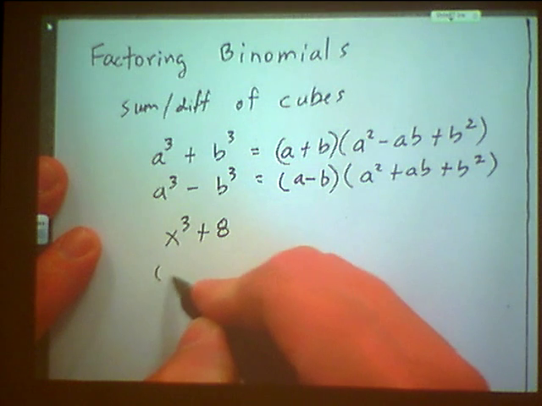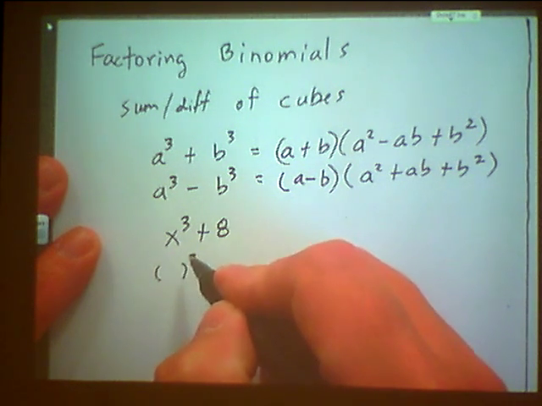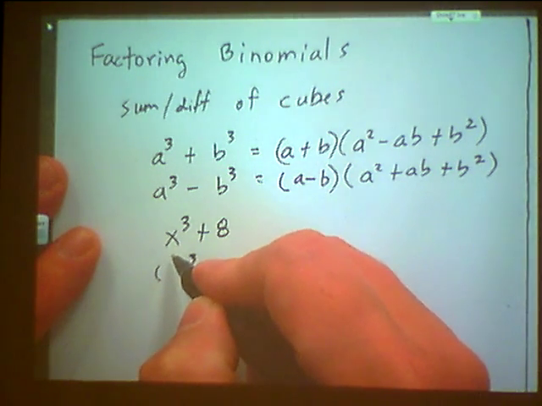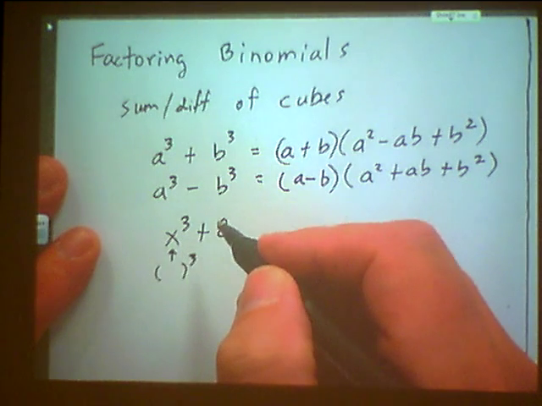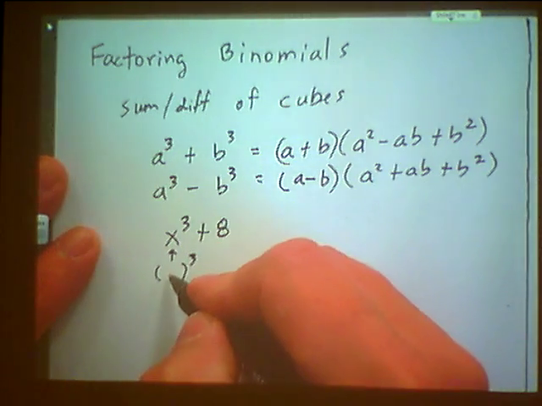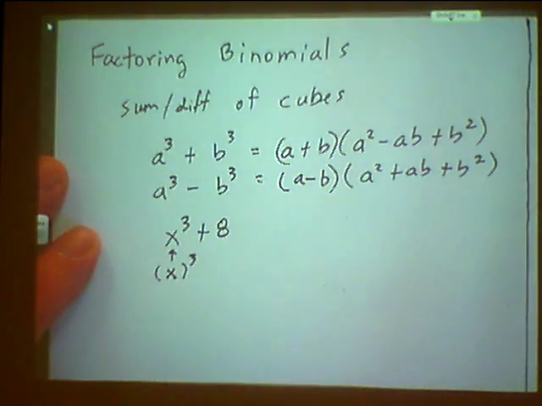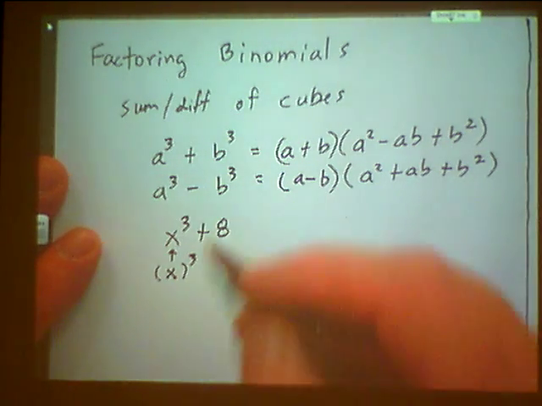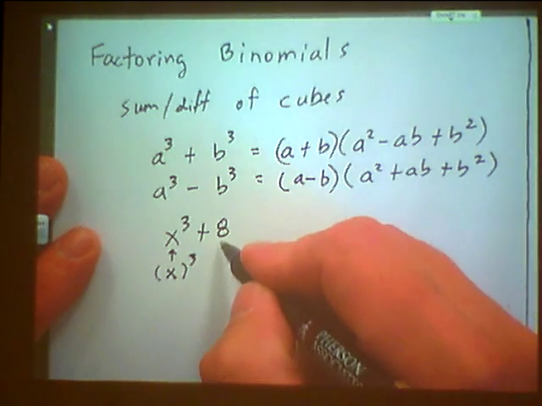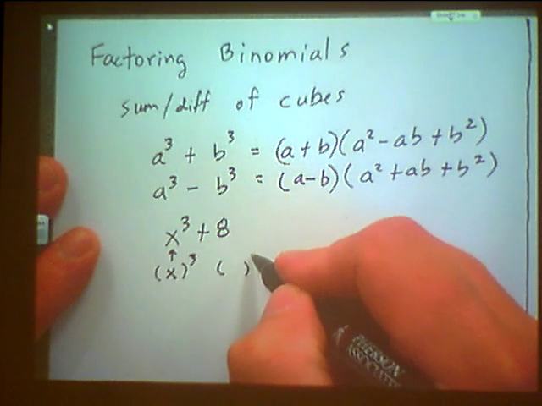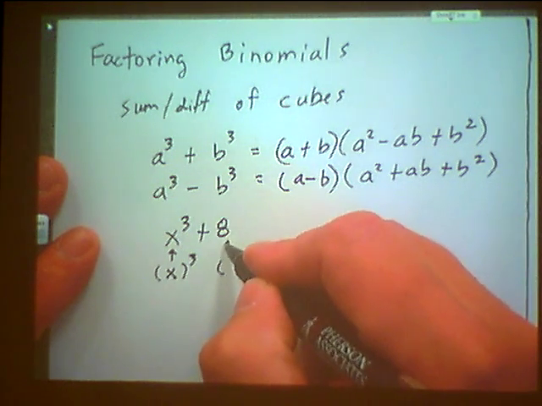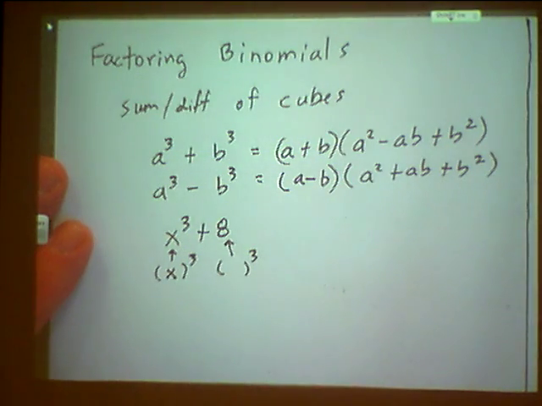Now for sum of cubes, there's two things to check. Basically you say, can I cube something and have it equal x cubed? Well, yes, I can. That's x. And then you look at the second term and say, can I cube something and have it equal my second term?